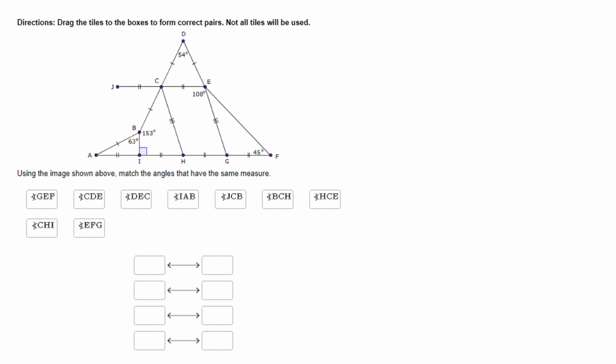So that means that 54, I'm just going to call it X for a second, that angle measure there, those all add up to 180. So X and X is 2X, and I'm going to go ahead and subtract my 54 from both sides, just to cut out one step there.